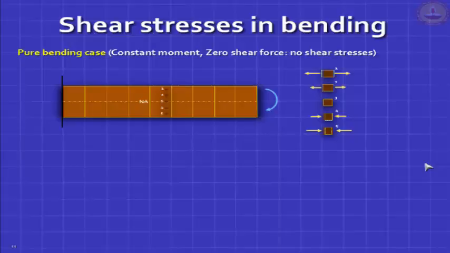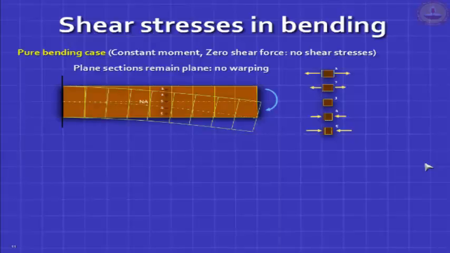We saw this. Now what happens if there is shear, and the curves all bend in parallel lines, and the neutral axis, which is the centroidal axis, will have a radius of curvature r. The others will either increase or decrease depending on y. We know that.